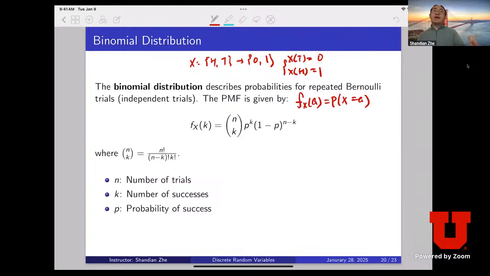So A is either 0 or 1, right? So we require this PMF function to be A to the power of P and 1 minus A to the power of 1 minus P, right? So remember, this is a kind of unified form we mentioned in the class. It actually represents two cases.